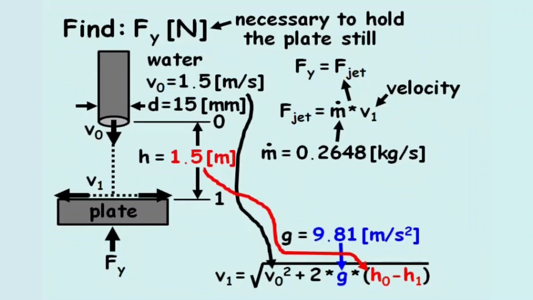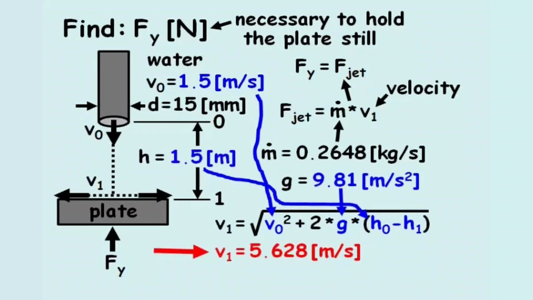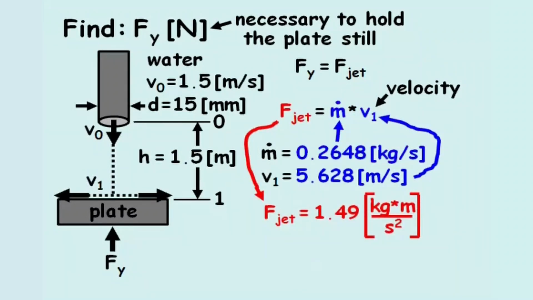This makes the value of v1 equal to 5.628 meters per second. This velocity times the previously calculated mass flow rate gives us a hydraulic jet force of 1.49 kilogram meters per second squared, which means the vertical force, Fy, also equals 1.49 kilogram meters per second squared.